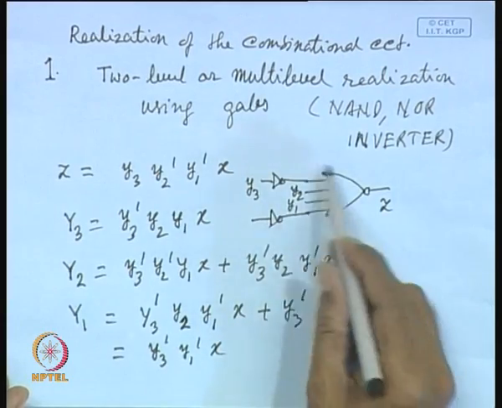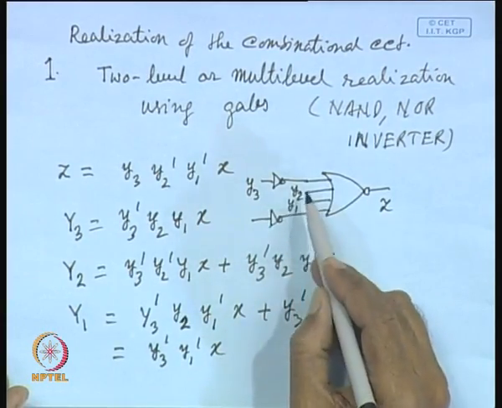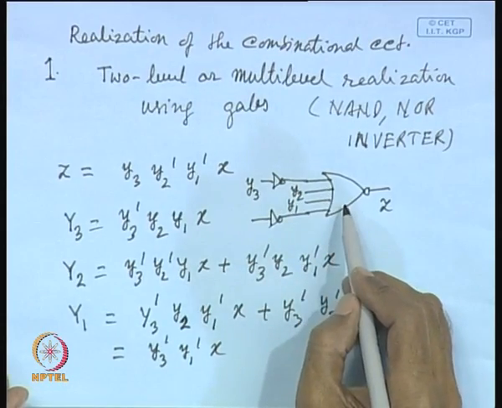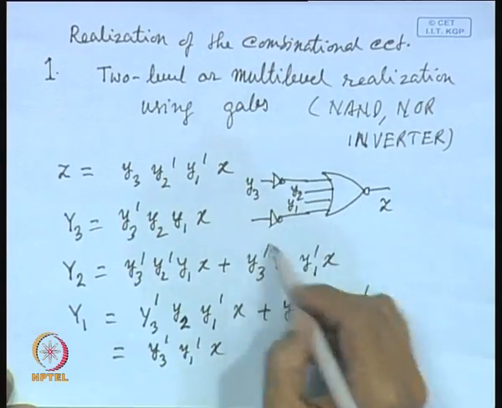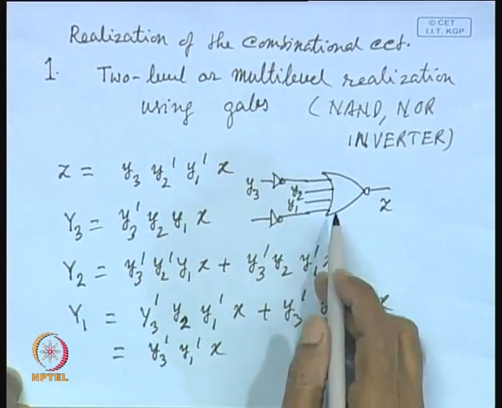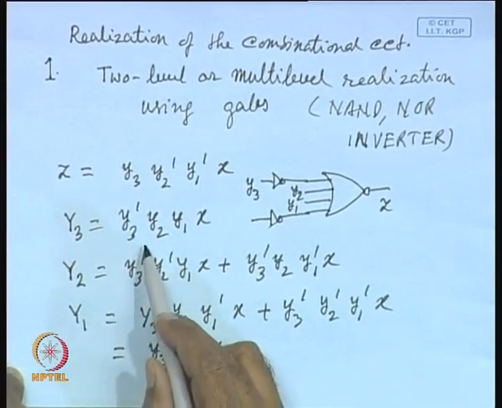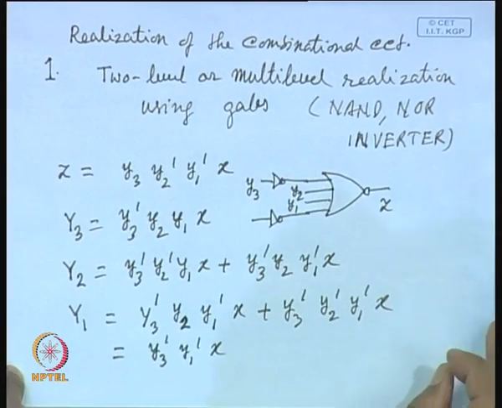They realize Z in terms of gates. So, it has been realized with the help of NAND, NOR and inverter, as you can see. Similarly, y3 can be realized in this way.